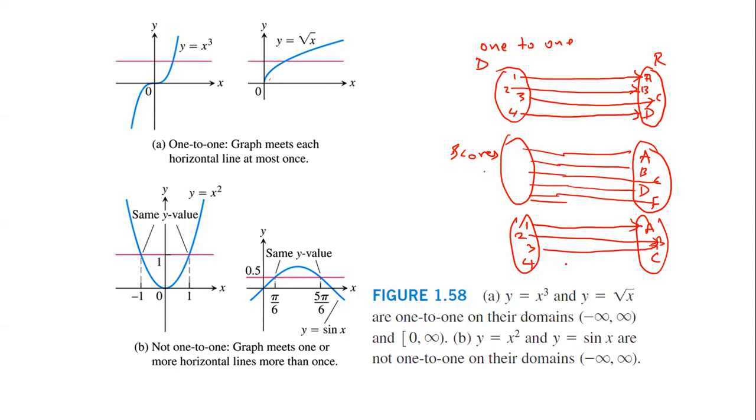Is this a function? No, it's not a function. Why? Because a number in the domain is not mapped to the range. Excellent. For it to be a function, every member of the domain must be mapped to a unique member in the range.